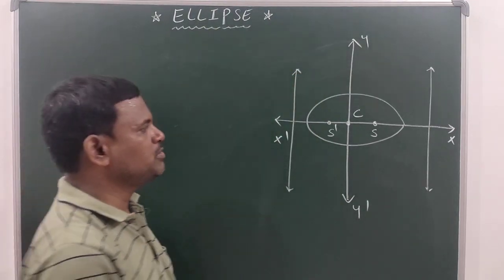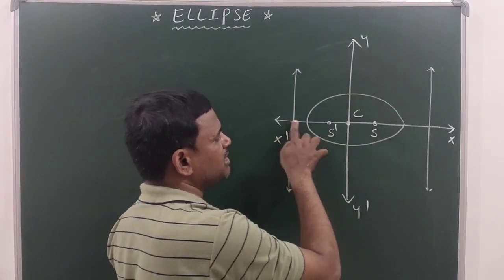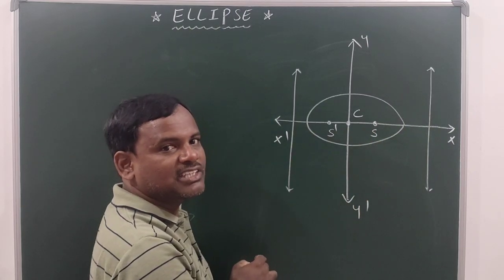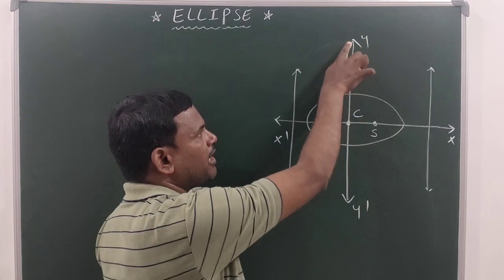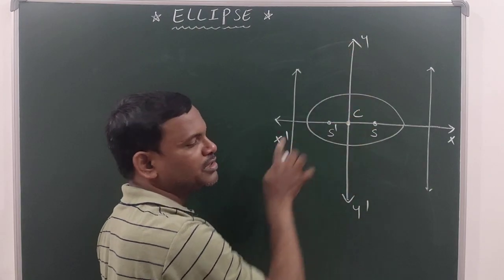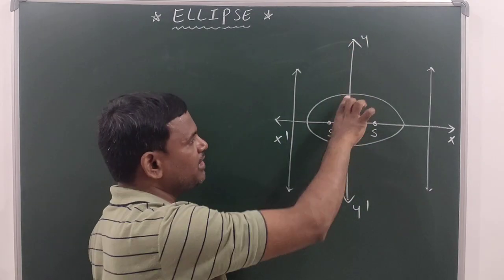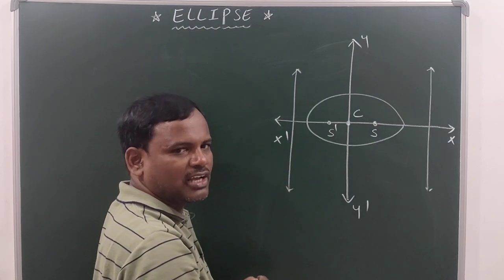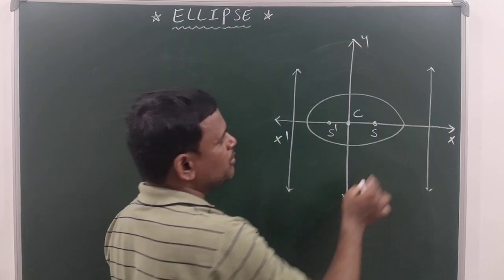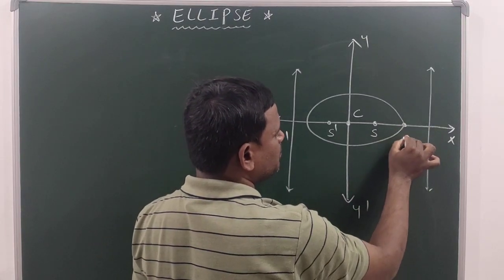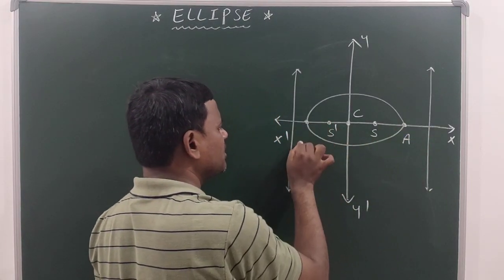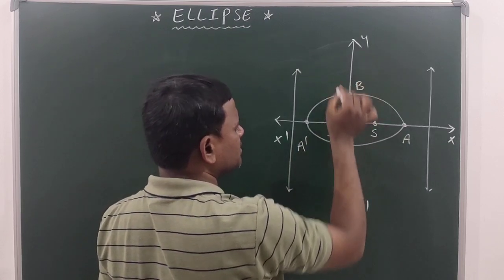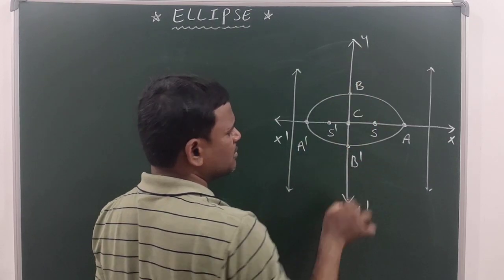Observe that on this ellipse the x-axis length is more, hence the x-axis is the major axis for this ellipse, and the y-axis length is less, hence the y-axis is the minor axis. Let us consider these points: this is A and this one is A dash, and here this is B, B dash.